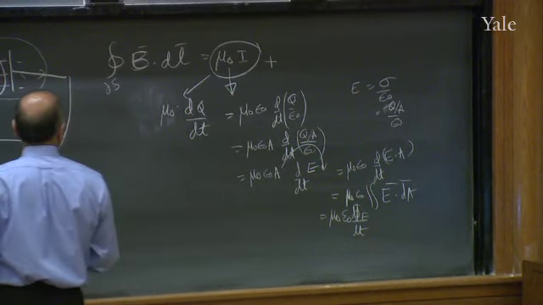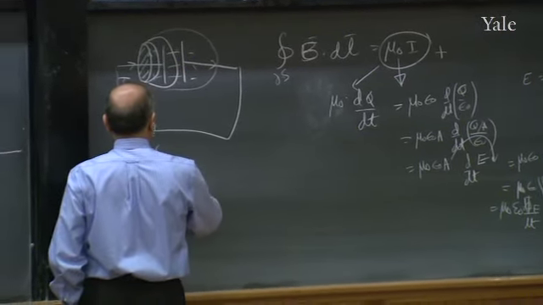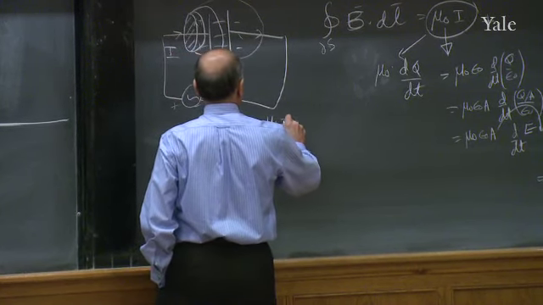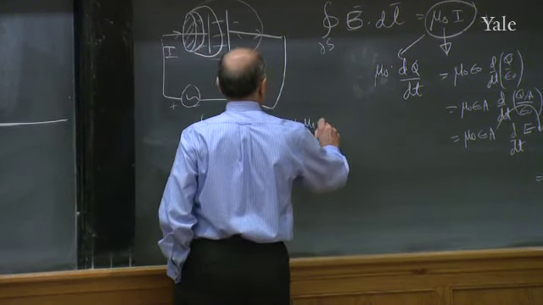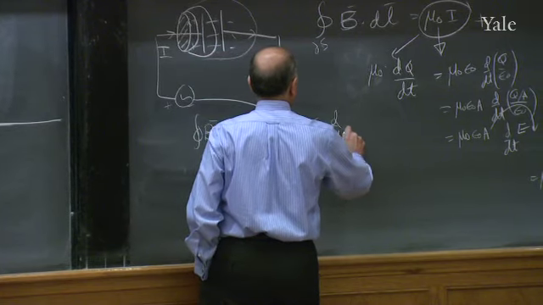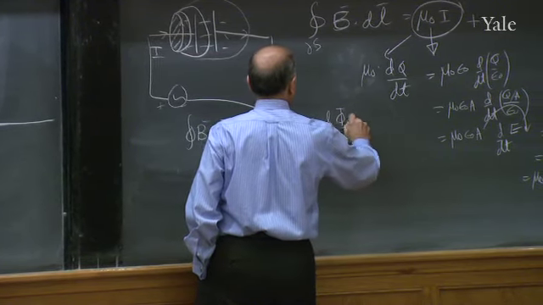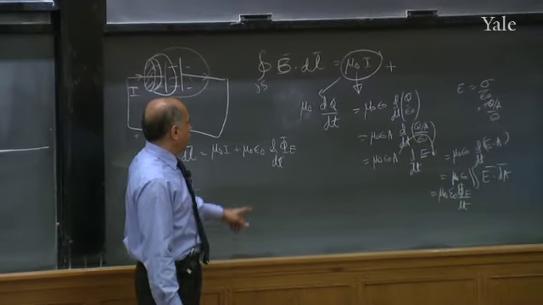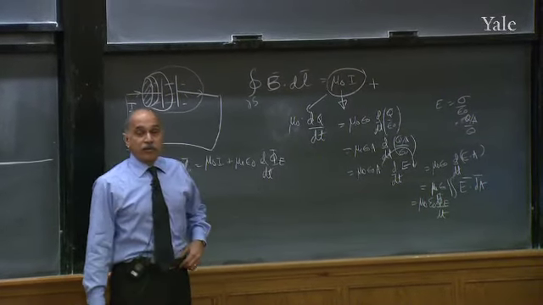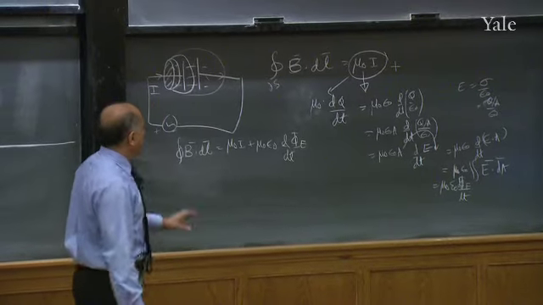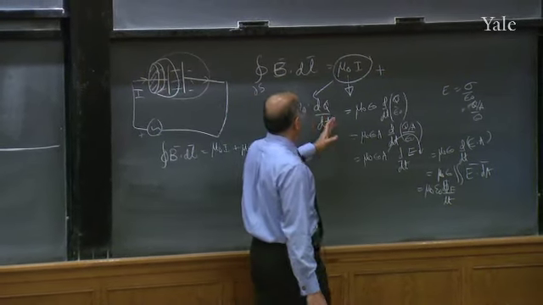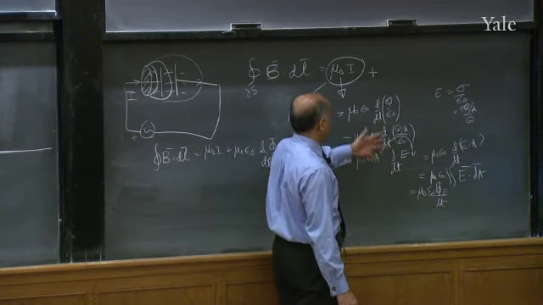Therefore, my modified law is going to be B dot dl equals mu 0 I plus mu 0 epsilon 0 d by dt of phi electric. That's the bottom line. You can fill in these blanks if you have trouble writing and listening. I'm just saying, go to the region between the plates. Once you start with dq dt, turn q into the sigma, the charge density on the plates.